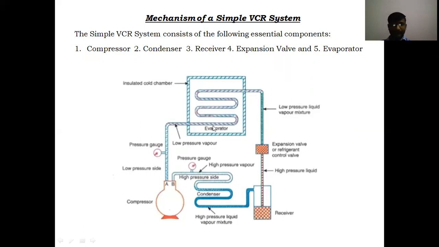Here the working fluid, the refrigerant flowing in the cycle, changes phase from liquid to vapor in the evaporator, and again from vapor to liquid in the condenser. The working fluid changes from liquid to vapor to liquid continuously. That's why this cycle is called a phase change cycle. Okay, it is very compact in nature when compared to the air refrigeration system.